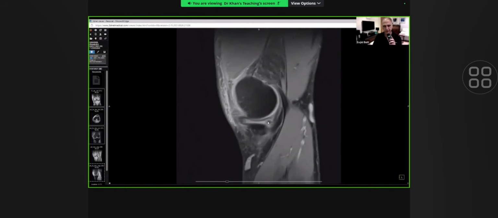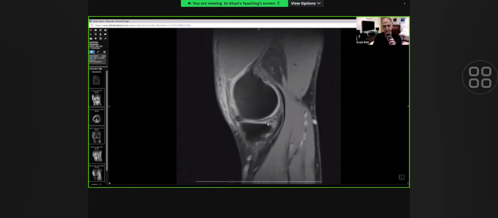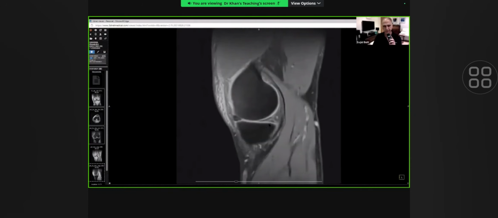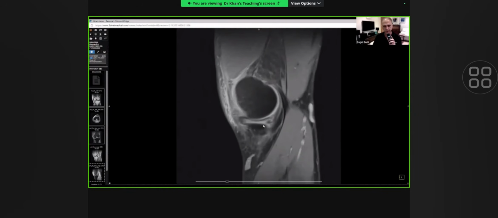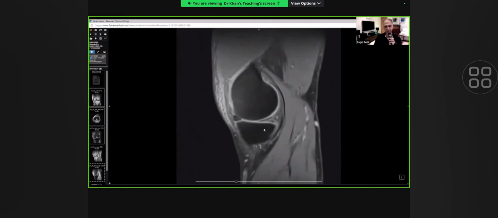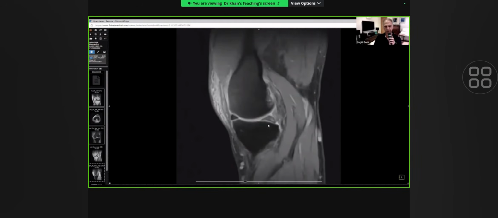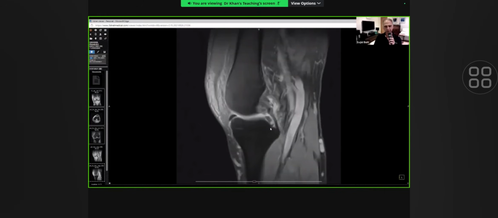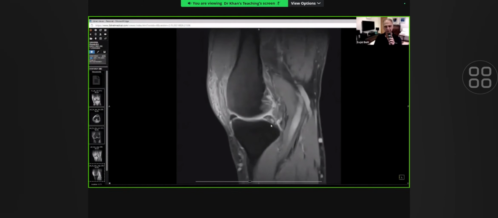Bright signal intensity is present, contiguous with the inferior meniscal surface on at least 2 slices. So that's the 2 slice touch rule, which has been fulfilled here. We know that that's a 96% accuracy in terms of confidence of diagnosing a meniscal tear. Then as we come further towards the intercondylar notch, the bright signal intensity continues to involve the posterior root attachment of the medial meniscus.